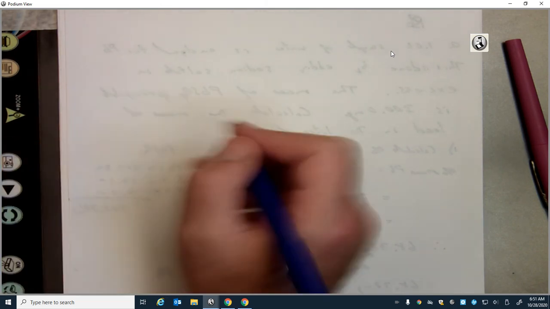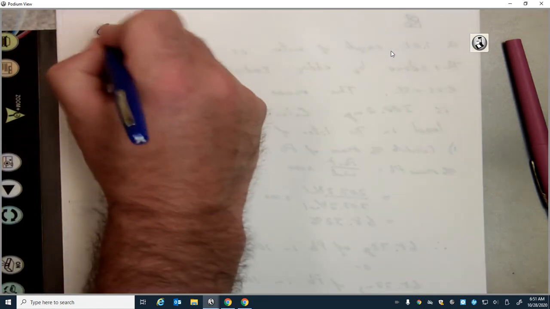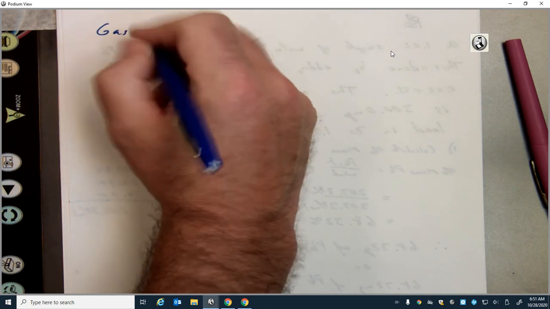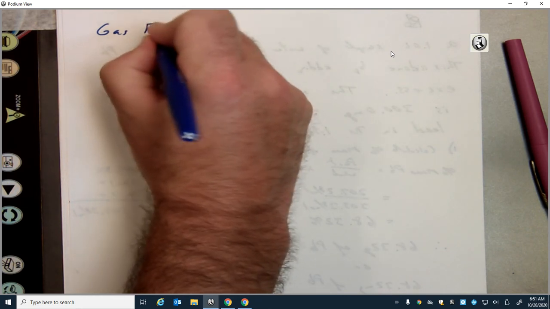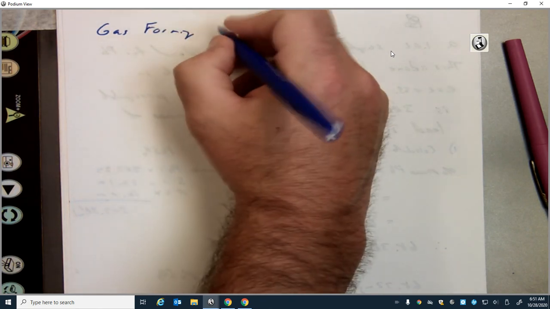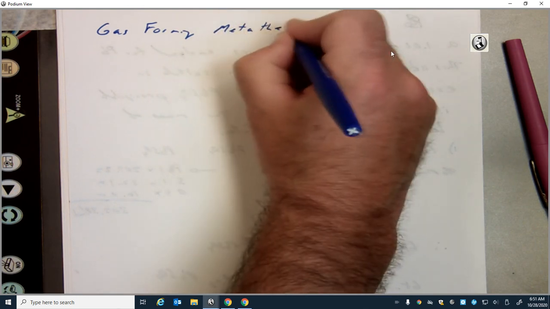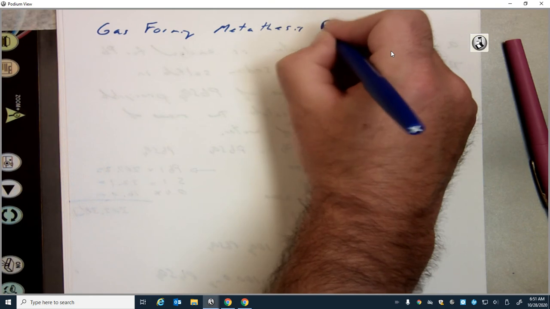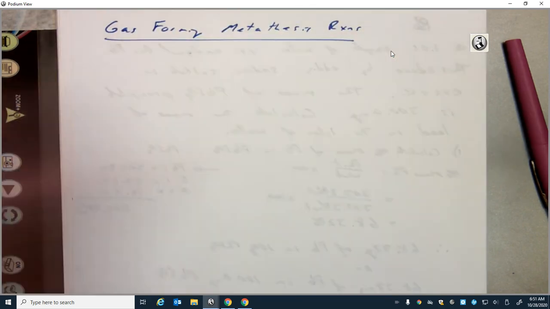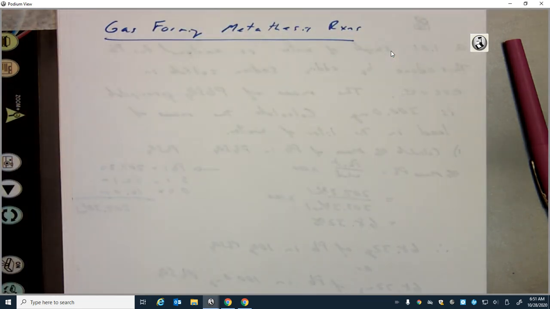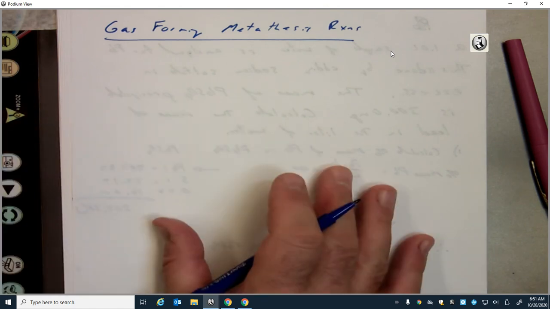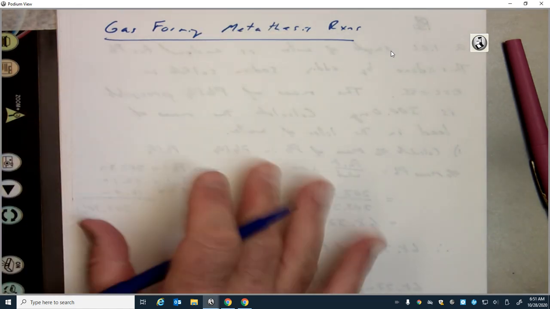All right, so I want to deal with one last little thing. And these are called gas forming metathesis reactions. And these are ones you should know. Some of them I've already talked about.